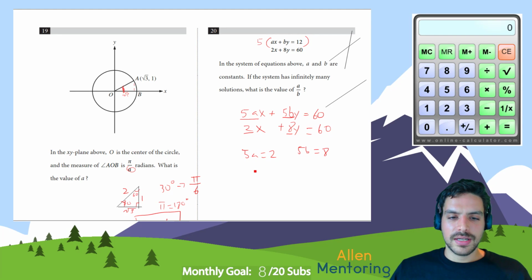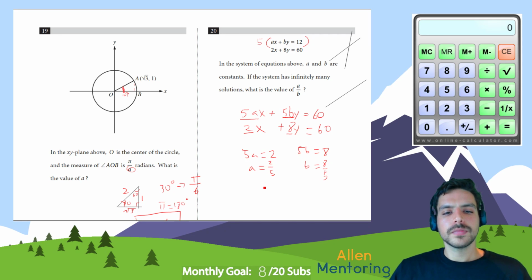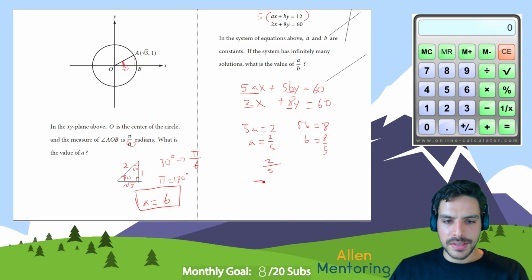All right, and so let's solve for a. a is equal to 2/5. b is equal to 8/5. Okay, and I just divided by 5 here, and I divided by 5 on here. And so what is a over b? What is going to be 2/5 divided by 8/5?